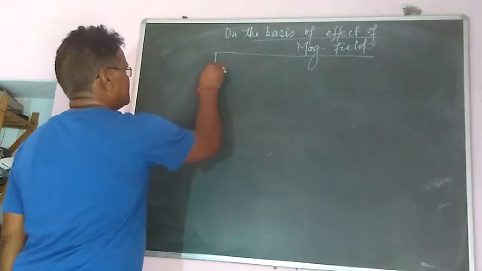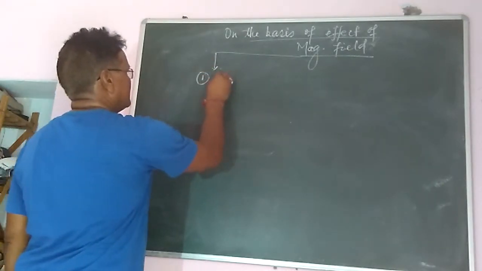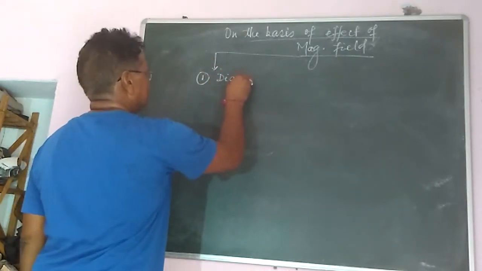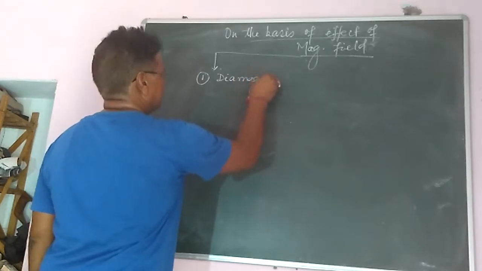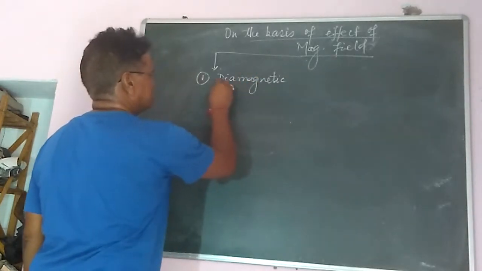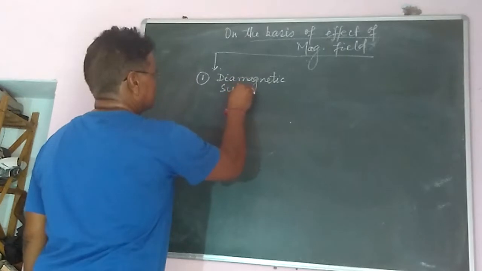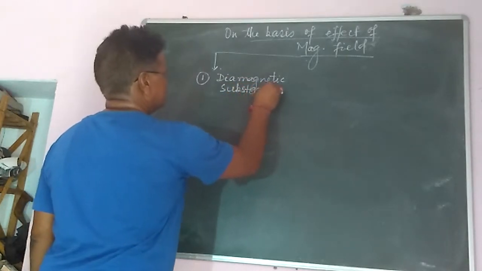The first type is diamagnetic. Diamagnetic substances or solids.